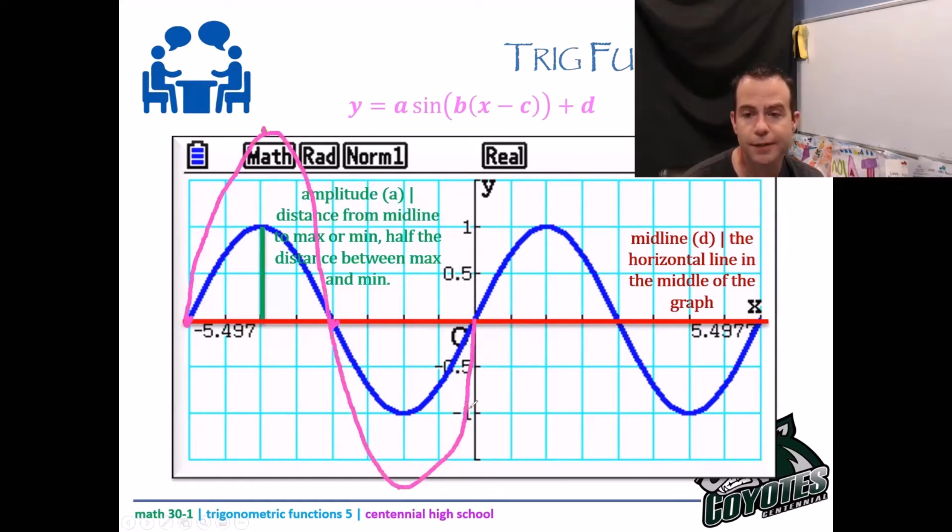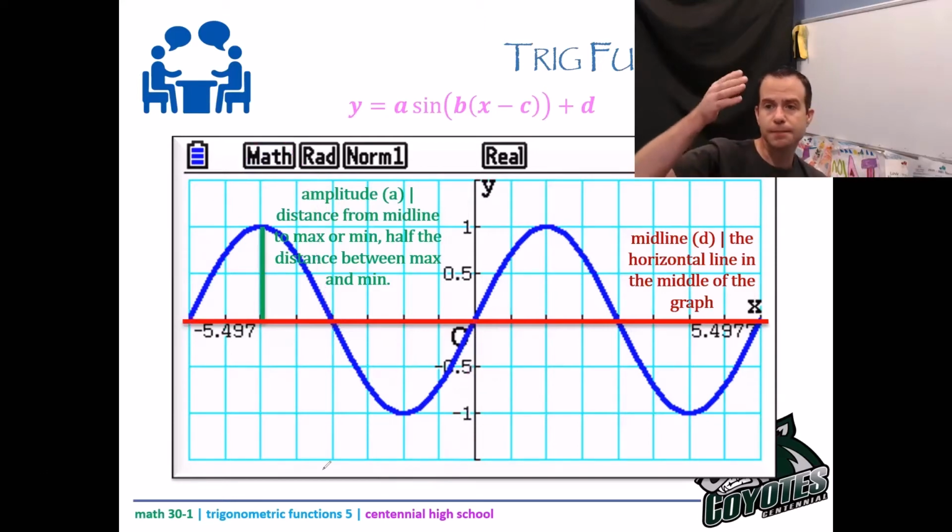Sorry, I'm doing this with a mouse, but the A value there has changed from 1 to 2. Okay, so it still is performing a vertical stretch, but we think about it more in terms of the context of the trig graph, where we call that the amplitude. And the amplitude is the distance from the midline to the max or the midline to the min.